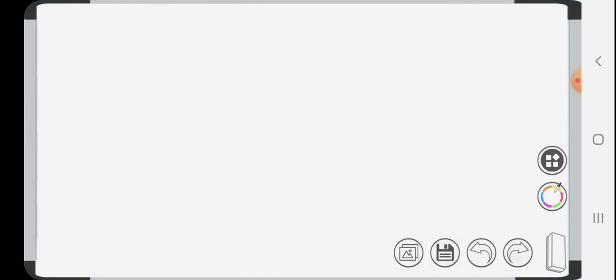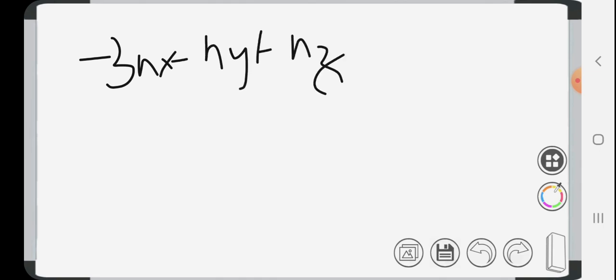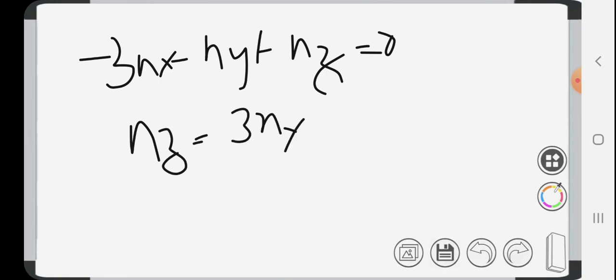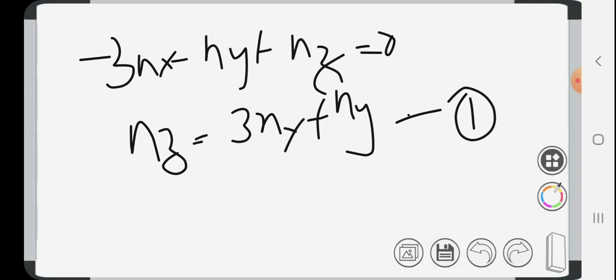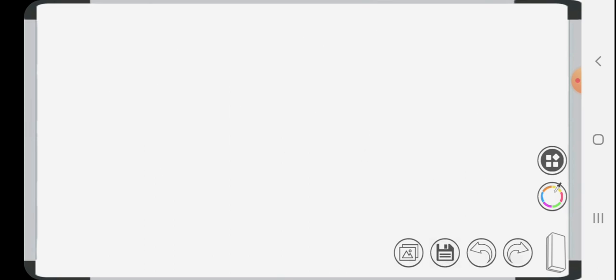So from equation 1, minus 3nx minus ny plus nz equal to 0, right? So here nz equal to 3nx plus ny. Keep it as equation 1. So from the matrix you will get another equation, the second equation, as minus nx minus ny minus nz equal to 0, right?